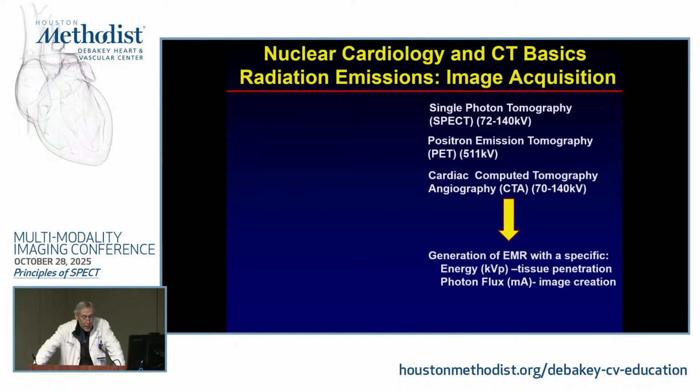And when we generate electromagnetic radiation in CT, remember that the kVp or the keV is really equal to what you would say with a radio tracer, like 140 keV technetium. It's what we use to get tissue penetration. And the photon flux, or the number of photons that actually are going into a system, really determine the image quality.